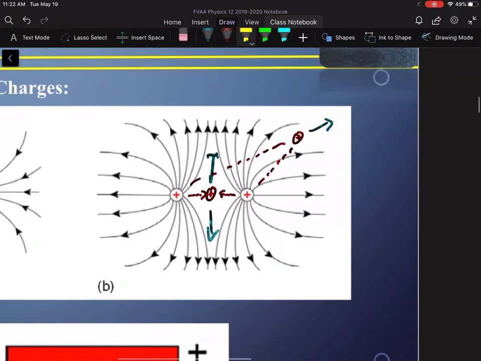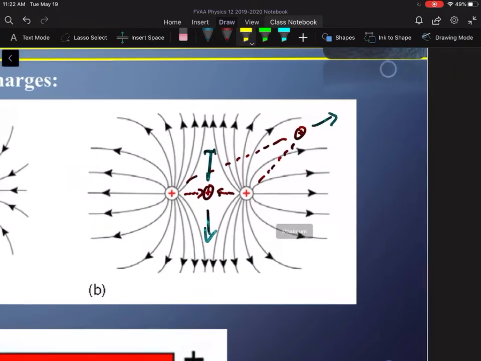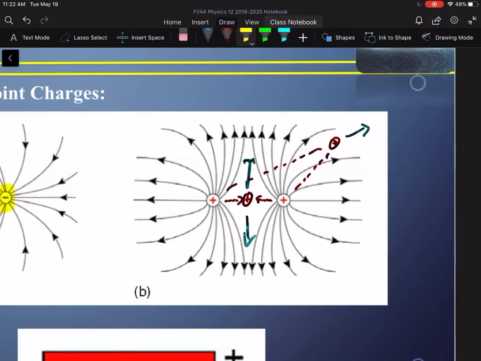Okay, now if both of them are the same here, in this situation, if you have a positive test charge up here, both of the source charges are pushing that positive test charge away.